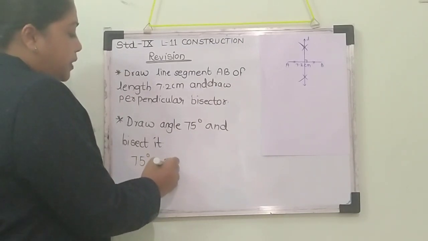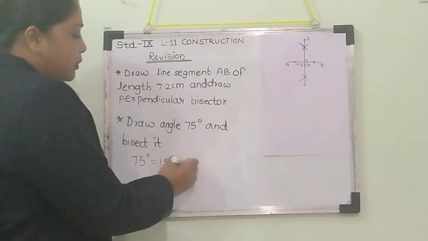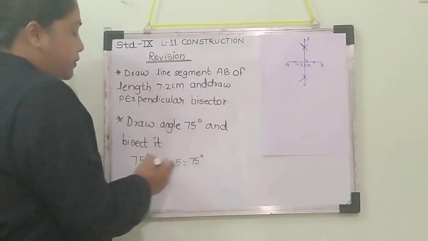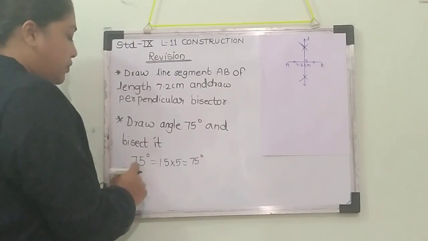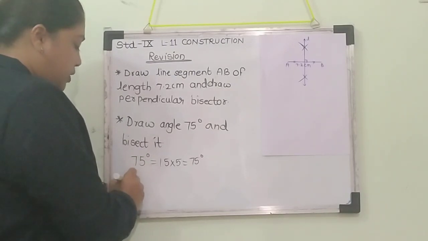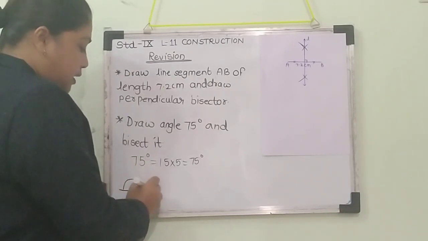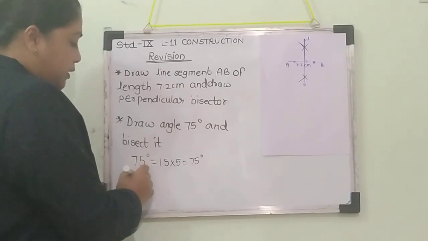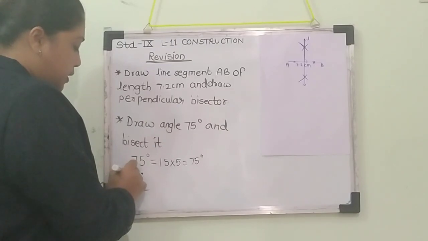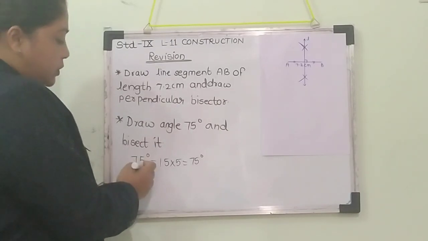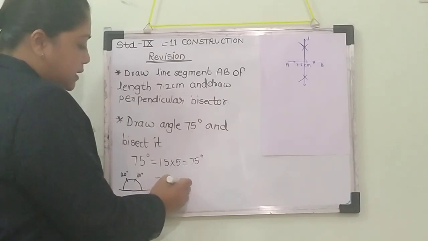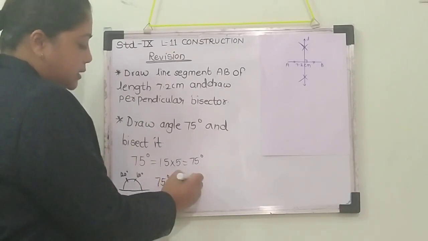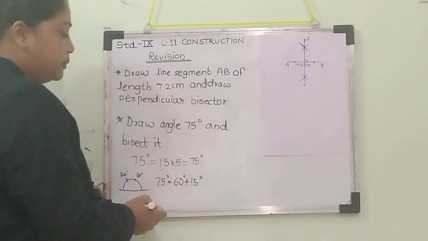Yes, 15 into 5 we get 75. Now 75 comes after 60 degrees, because we know that in a semicircle the first arc is of 60 degrees and the second arc is of 120 degrees. So 75 degrees equals 60 degrees plus 15 degrees.